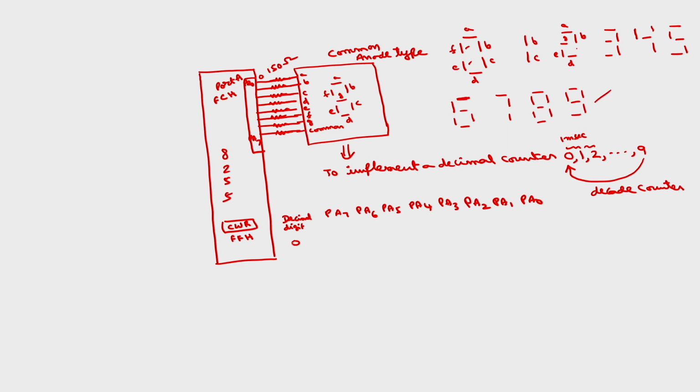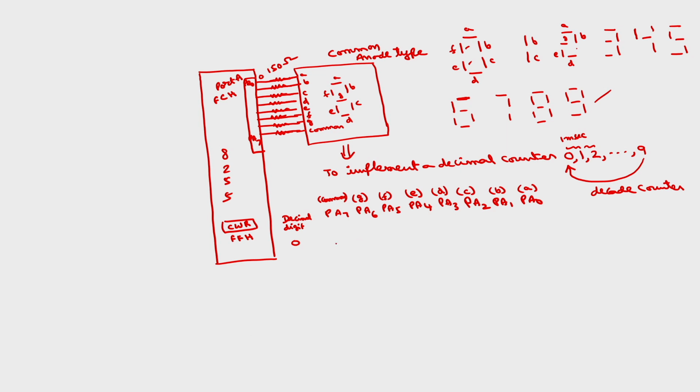So, decimal digit is 0, say. In order to display 0, this is common anode type. PA0 is connected to A, this is connected to B, this is connected to C, D, E, F, G, and this is connected to the common point.